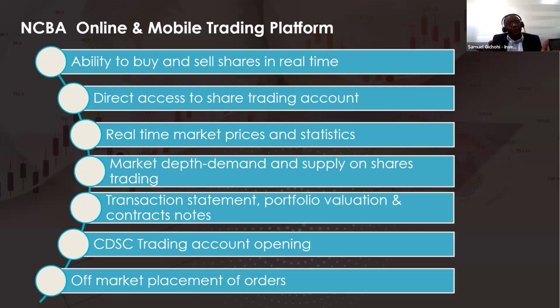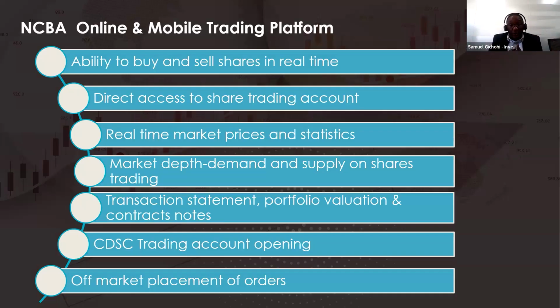Market is open between 9:30 and 3 p.m. But another important thing is that this system also allows you to place off-market orders. So if, for example, you are not in Kenya, you're in a foreign country, and you want to trade, and maybe the hours you're awake are not the hours our market is open, it still gives you the ability to see the statistics of what happened during the market trading hours, and you can be able to use that to make a decision to, say, place an order.